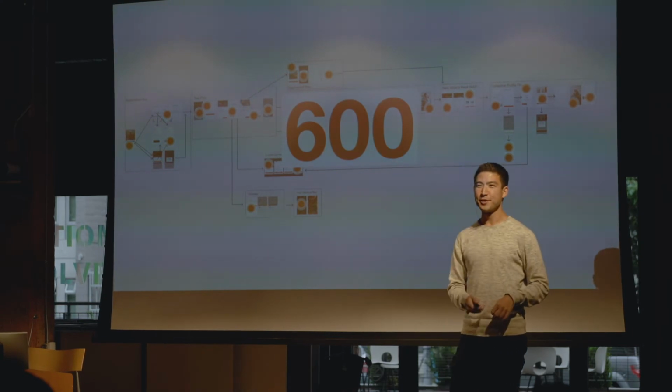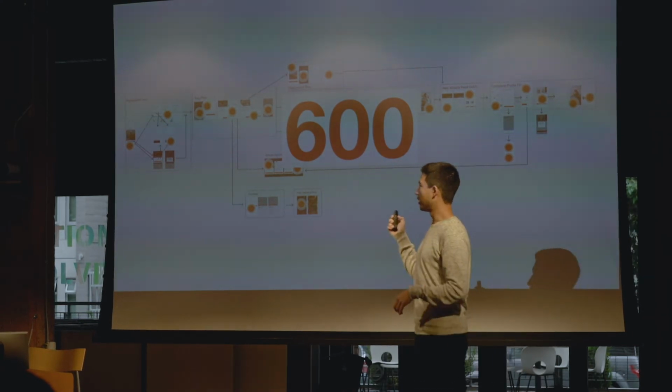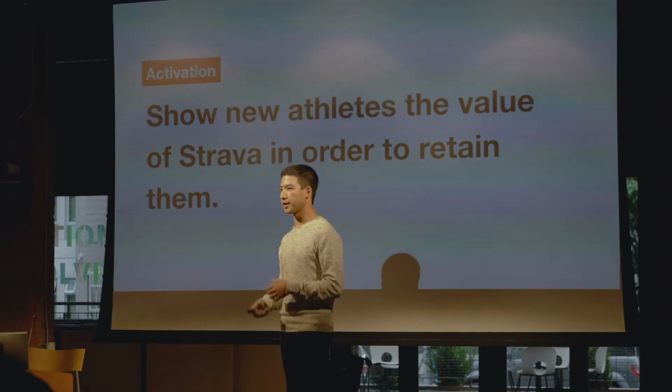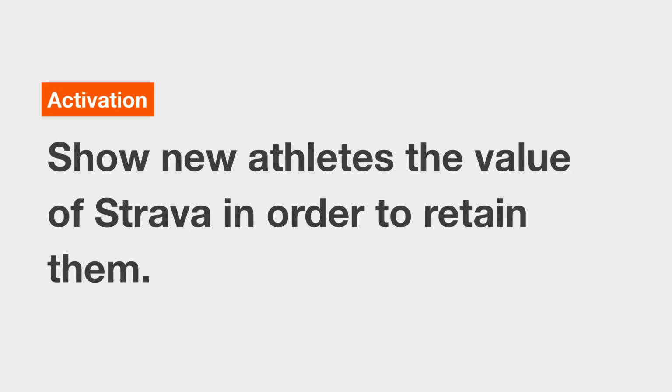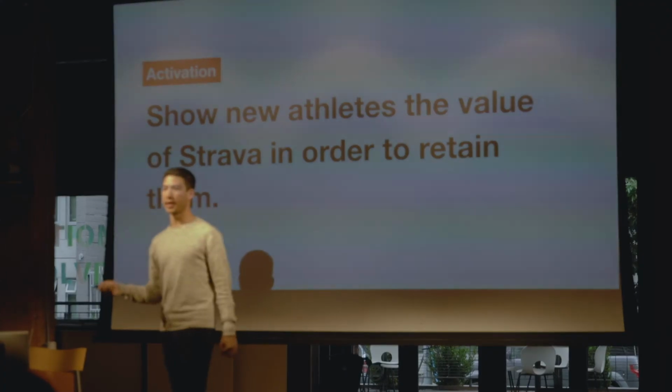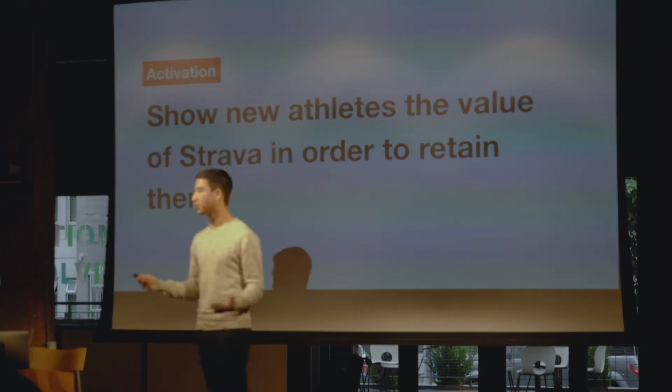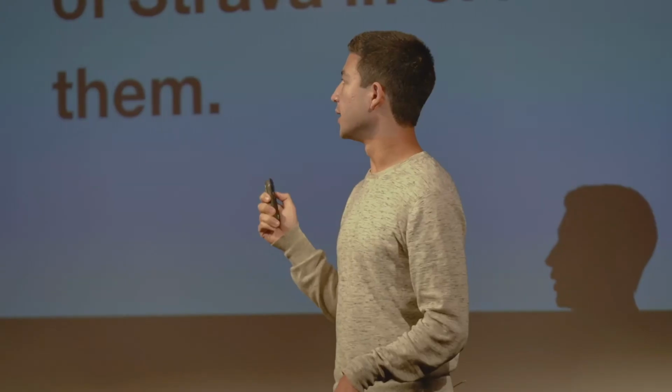And so if we think about the team goal, the activations team goal, showing new athletes the value of Strava in order to retain them. What we want with each of these tests is to drive more retention, right? That's ultimately, somebody's staying on the platform longer, that's great. Now let's say we took 4-week retention as our success for a test.